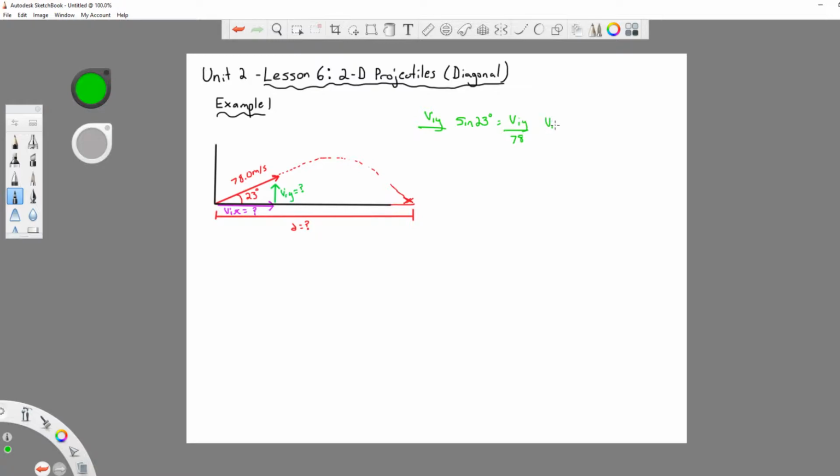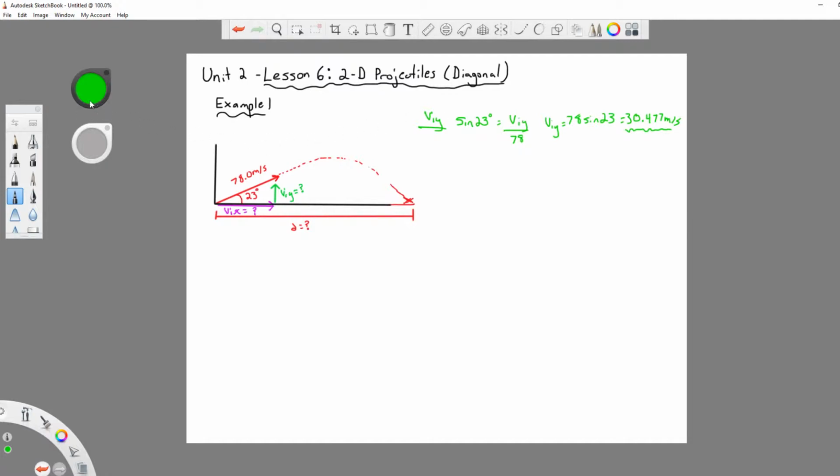So VIY is equal to 78 sine 23, which works out to 30.477. Okay, that's a useful value.